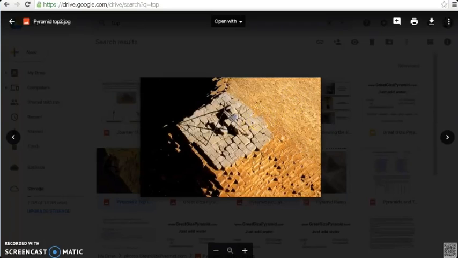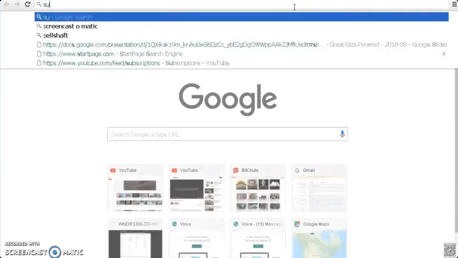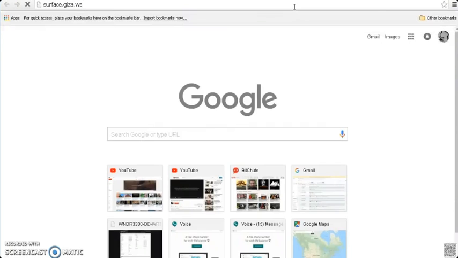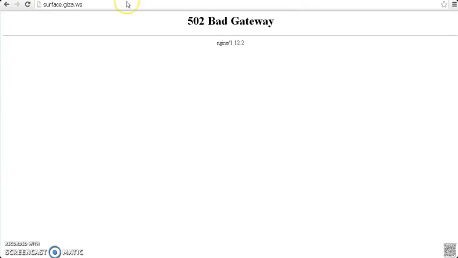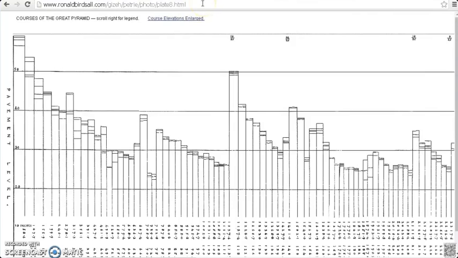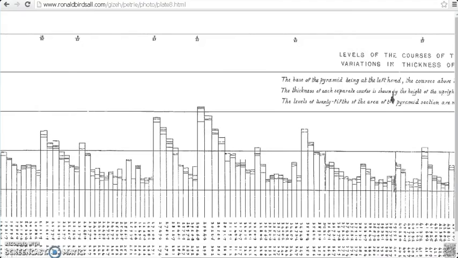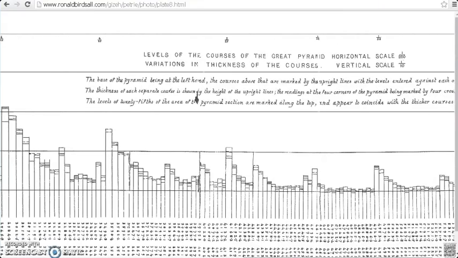In fact, another website which would be great for you to go to is surface.giza.ws, and on here there was a gentleman. Oh, there we go. It bounces you to this website where a gentleman back in the 1800s was kind enough to measure each and every elevation and deviation of each of the layers of the Giza pyramid.